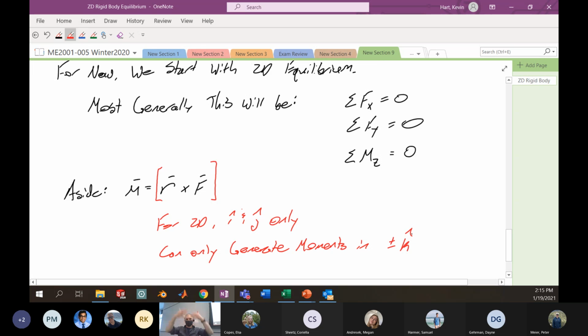If you're thinking about a two-dimensional problem where all your forces are in the xy plane, and your position vectors are only located in that xy plane, then the only moments that you can generate will be in this plus or minus k hat direction. And so because of that, the only real addition when we're thinking about rigid bodies to 2D equilibrium comes in this form of the summation of moments in z being equal to 0. Okay.